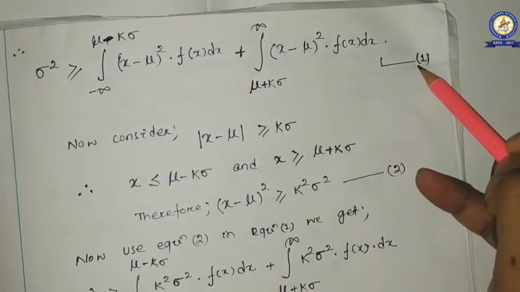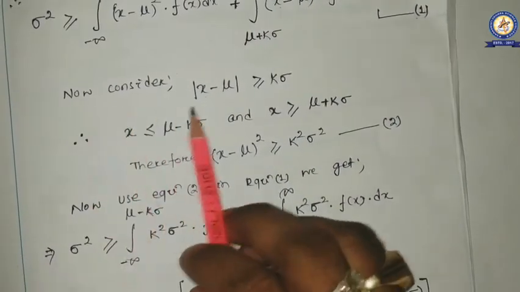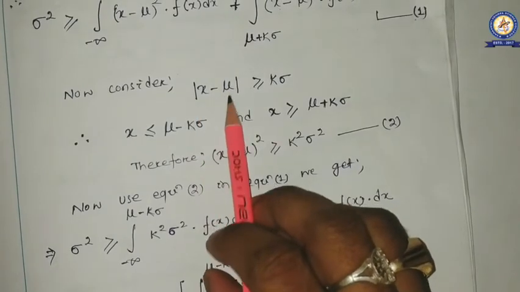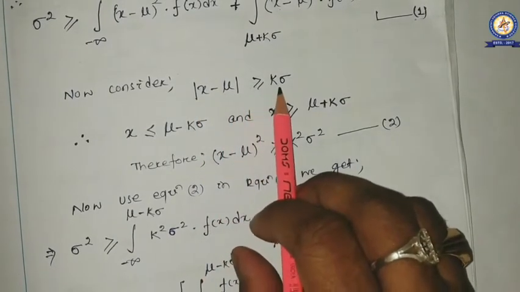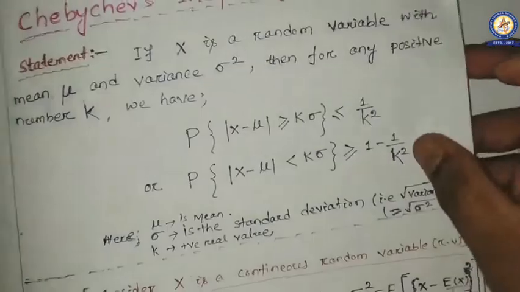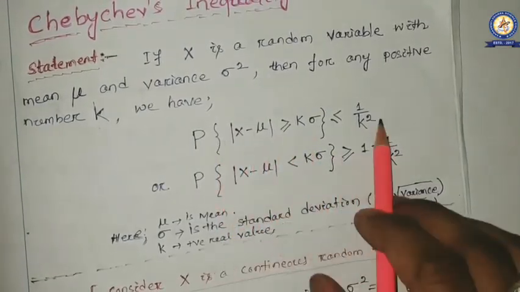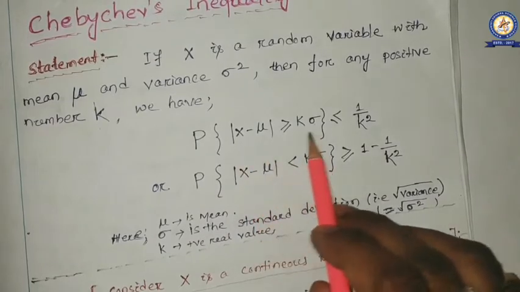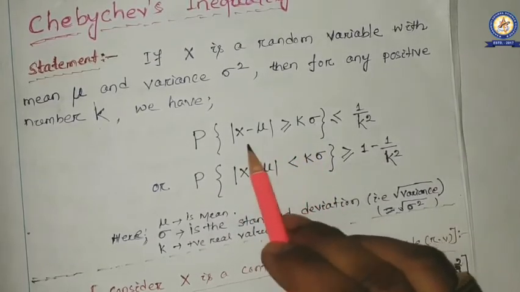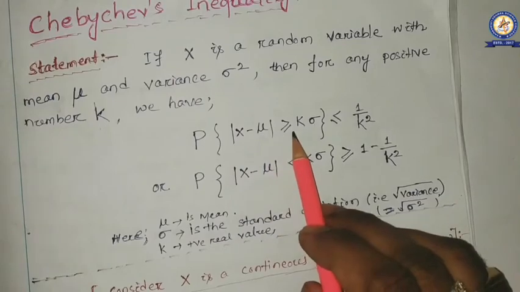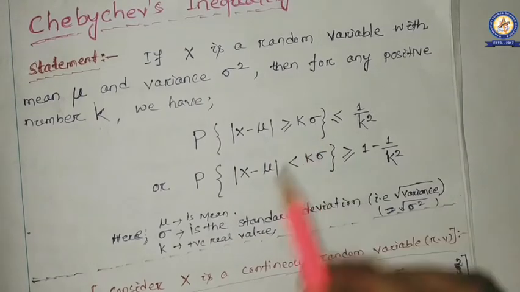Now we have to consider the mod of x minus mu being greater than k sigma, as given in our statement that we have to prove. So now we are going to consider this range, mod x minus mu greater than or equal to k sigma.